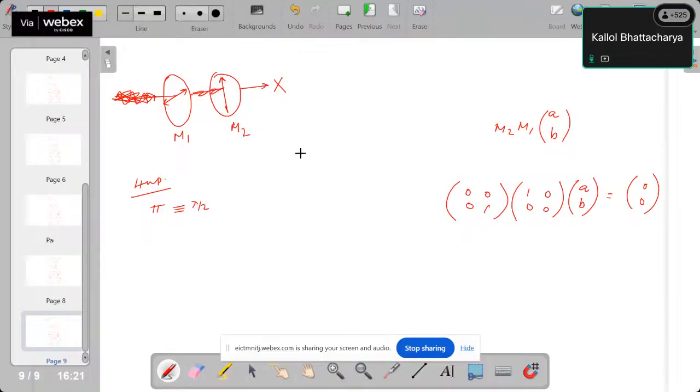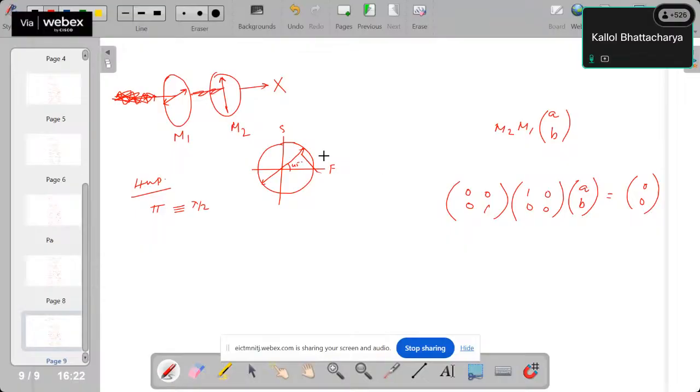So let us imagine that we have a half wave plate in normal orientation, with a fast axis and a slow axis, and an input light beam is incident on the half wave plate at an angle of 45 degrees, let's say.